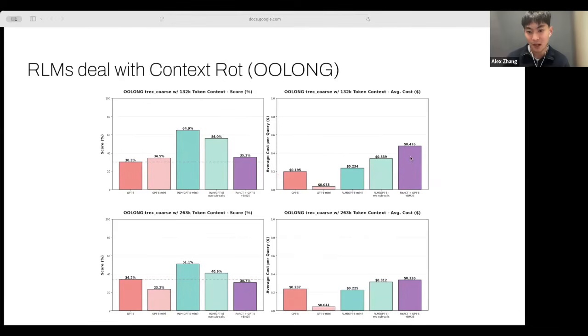But this is also to show that one of the things that popped up in my discussions with my lab is, is every long context task retrieval? And I think the answer is obviously no. This is an example of where retrieval doesn't really make sense.